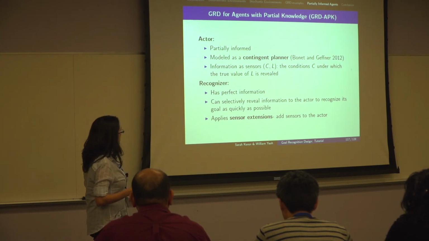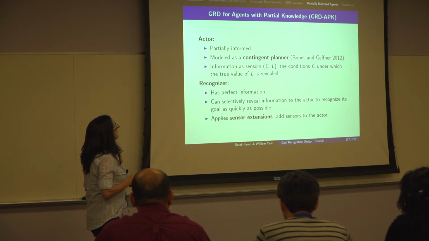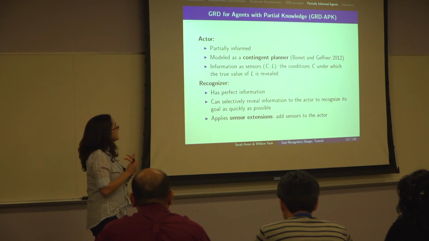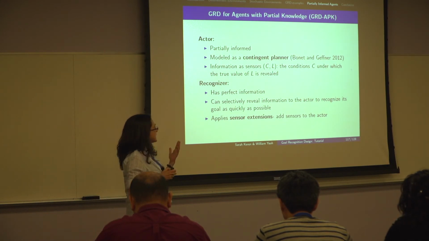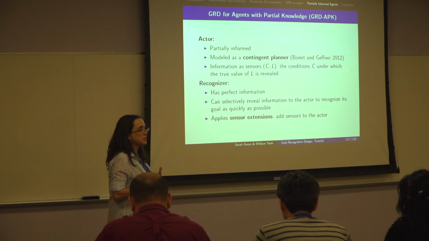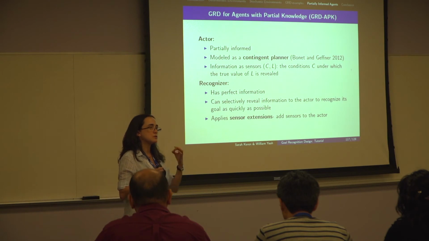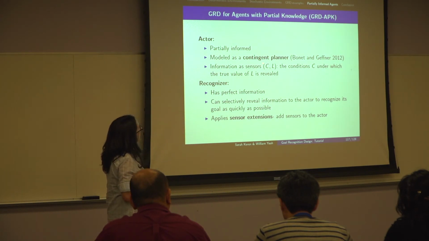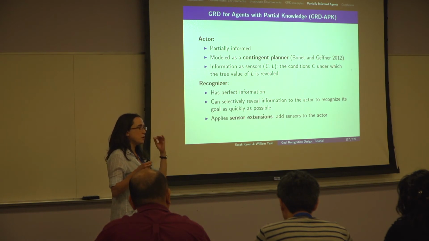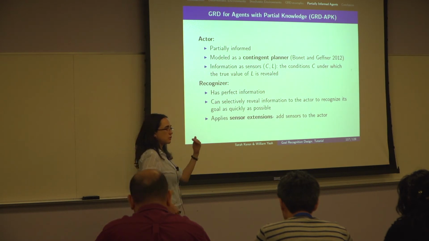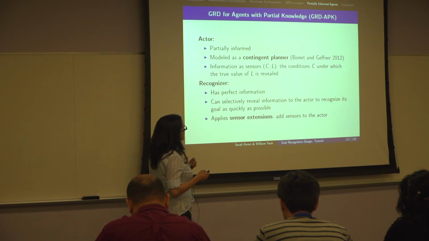So what is the model here? The model here is of an actor that is partially informed. It is modeled, as I said, as a contingent planner using Bonnet and Geffner's model. And information is modeled as sensors. So the way we are assuming the actor collects information is via sensors.